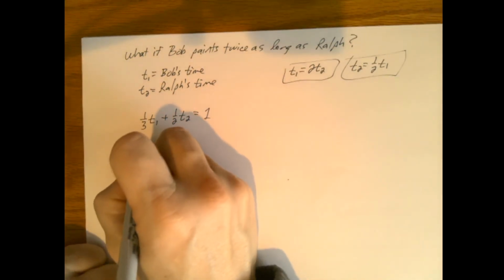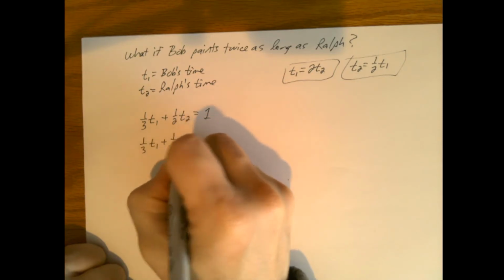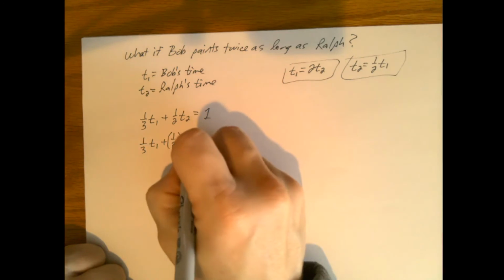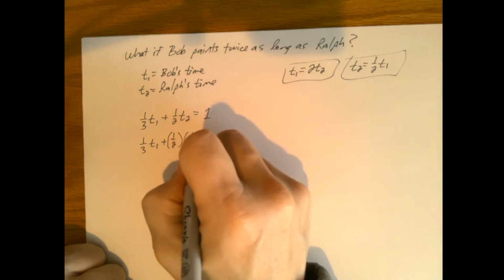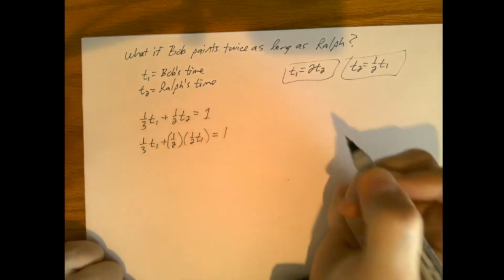So now our equation becomes 1/3 T1 plus 1/2 times 1/2 T1 is equal to 1.